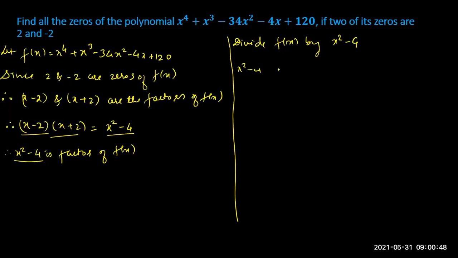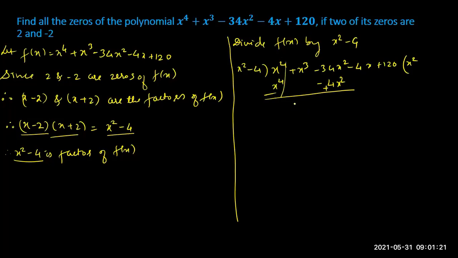x square minus 4, dividing the given polynomial x raised to 4 plus x cube minus 34x square minus 4x plus 120. Here x raised to 4 and here x square, so we require x square. This gives x raised to 4 minus 4x square. Writing below, like terms cancel, minus and plus.